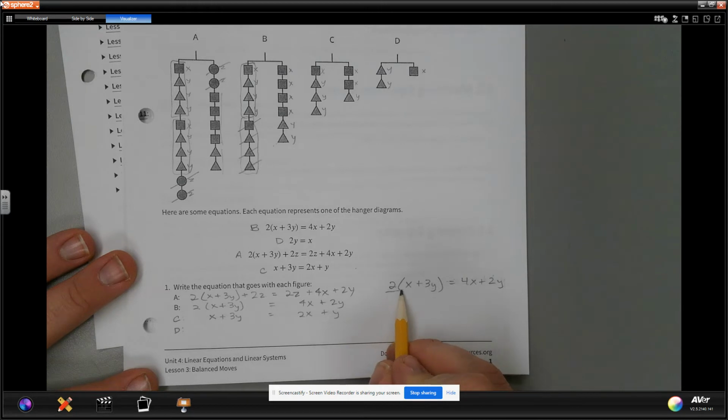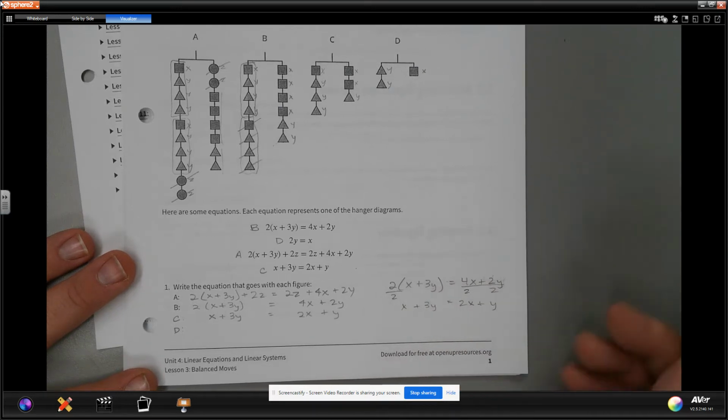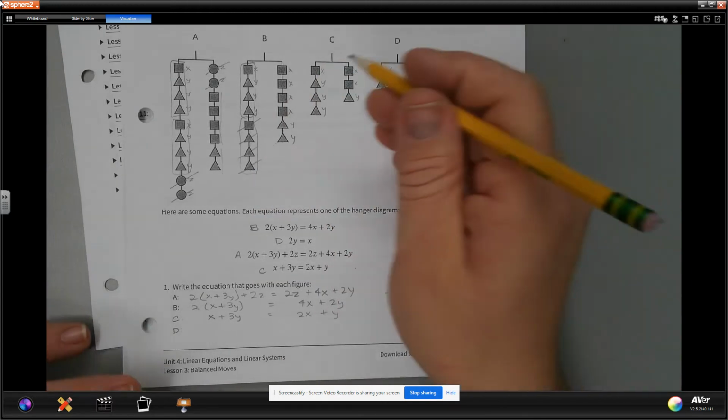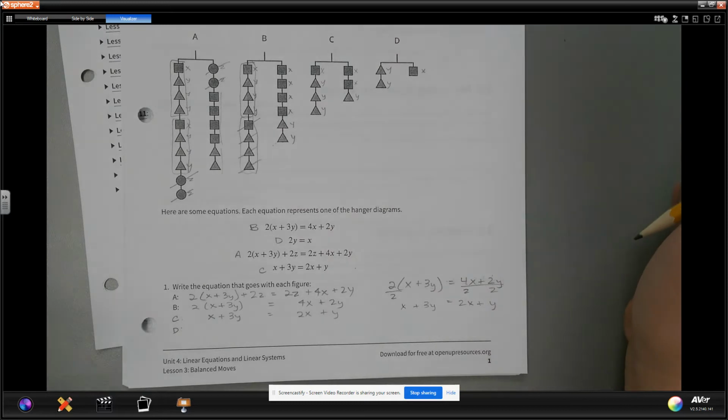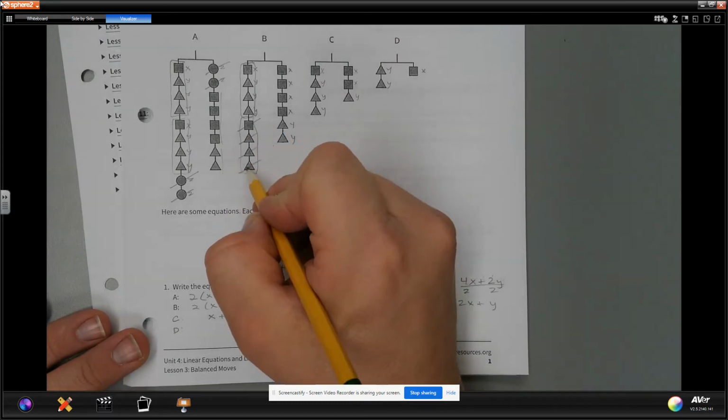And by dividing out that 2, cutting this side in half and cutting this side in half, each of the terms, we're left with x plus 3y is equal to twice the value of x plus that 1y. It might look a little bit funny, but what it tells us is that these x's have some significant value that affects the y as well. And we've really just divided this side in half.